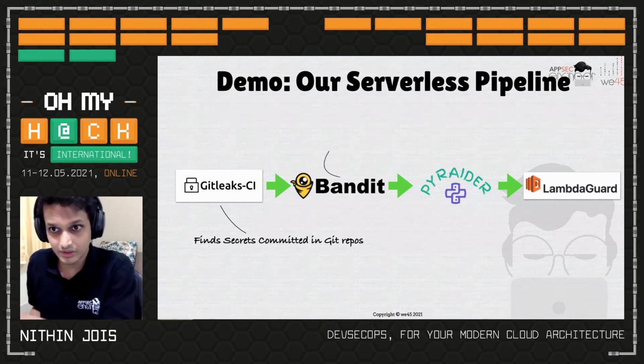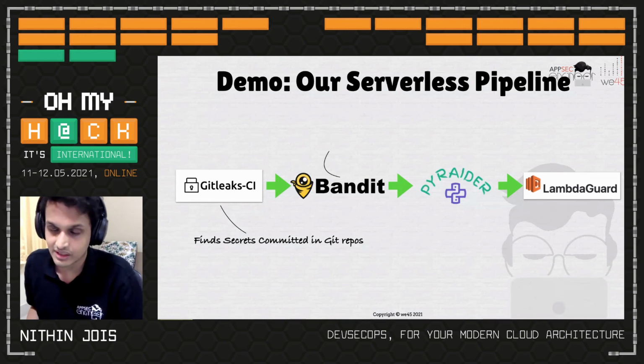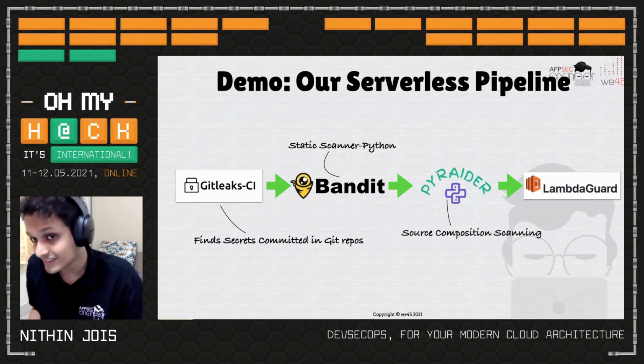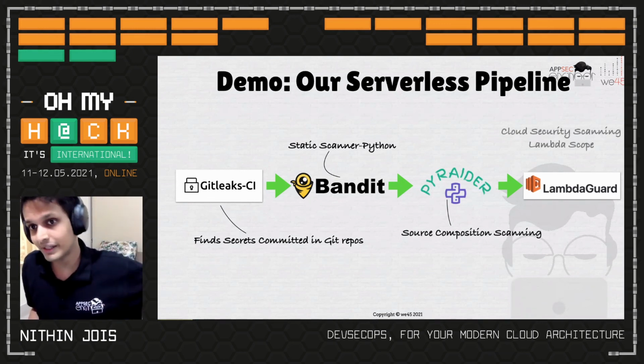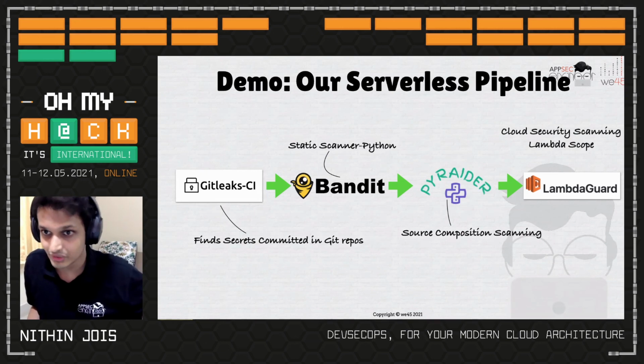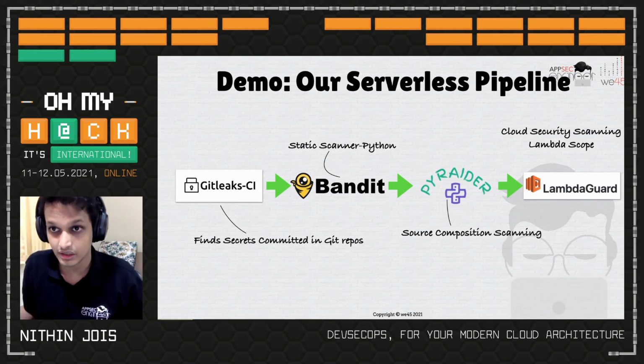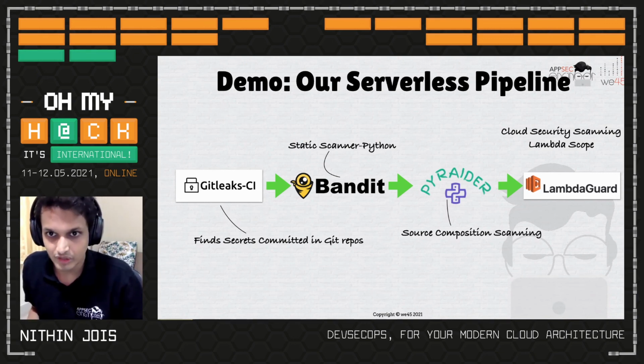Then we're also going to be running a Bandit scan since our application is going to be Python. Similarly, I'm going to be running a PROIDEA scan, which is a source composition analysis tool. And once my application has been deployed successfully, I am then going to run Lambda Guard as well, which is by the Skyscanner engineering team. It's going to actually scan my Lambda function.